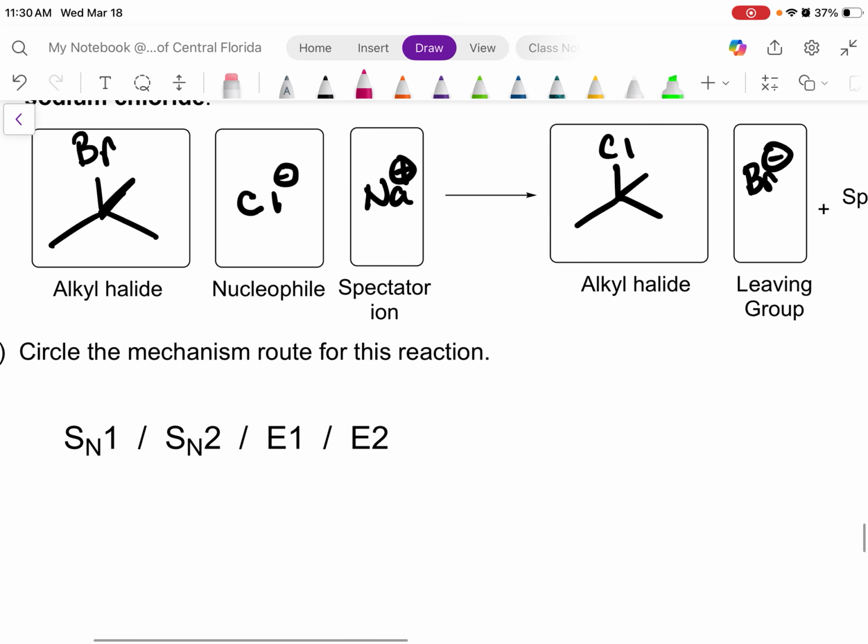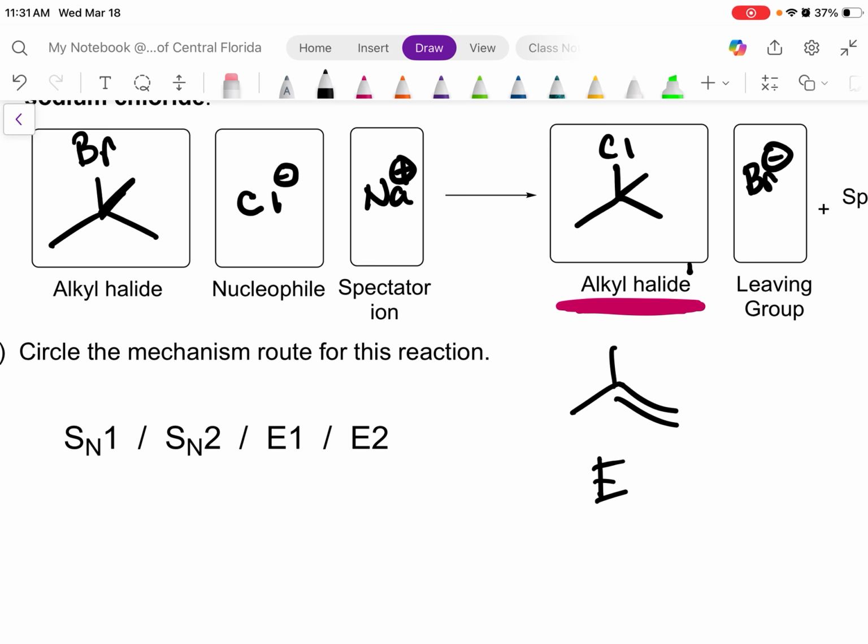And then, which mechanism is being used here? Well, we've given you guys hints. Look at the product over here. It says alkyl halide. Okay. So students who are drawing products that look like this or have an alkene, that is an elimination. But this right here is telling you that we're doing a substitution, that there's no alkene.